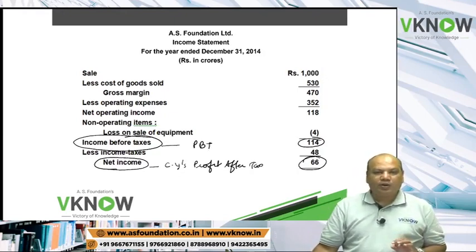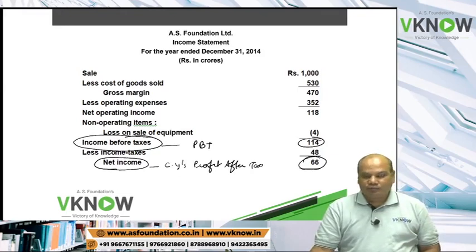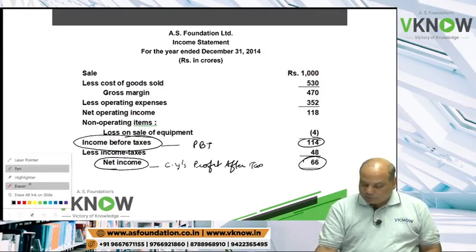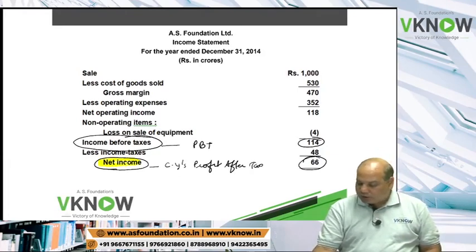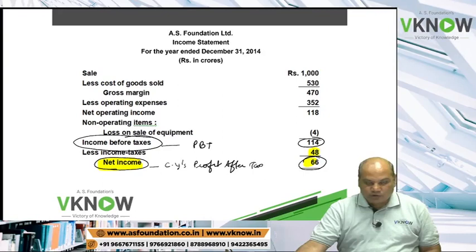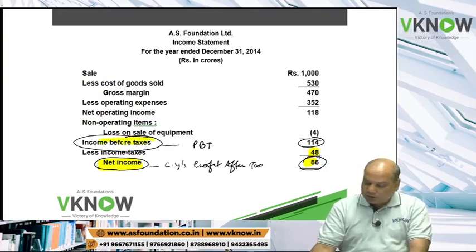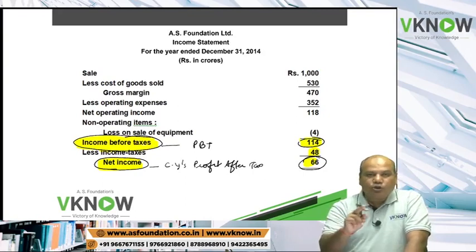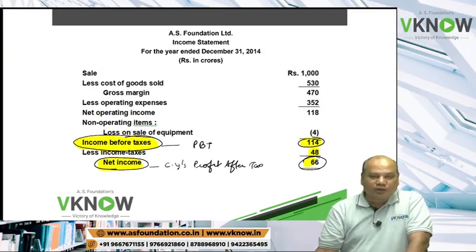So when you prepare the cash flow statement, listen to me: if you start with net income after tax, then add back provision for taxation. If you are starting with net income before tax, then don't add back provision for taxation.